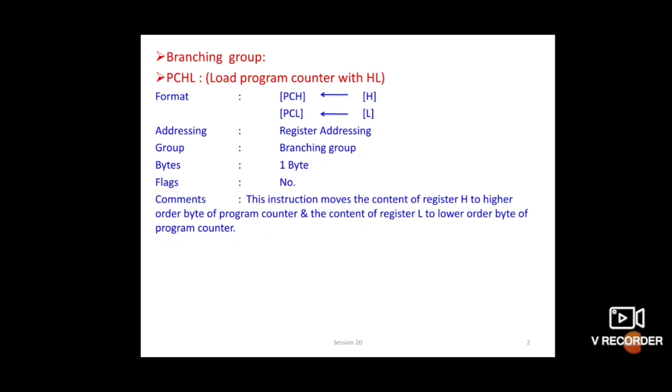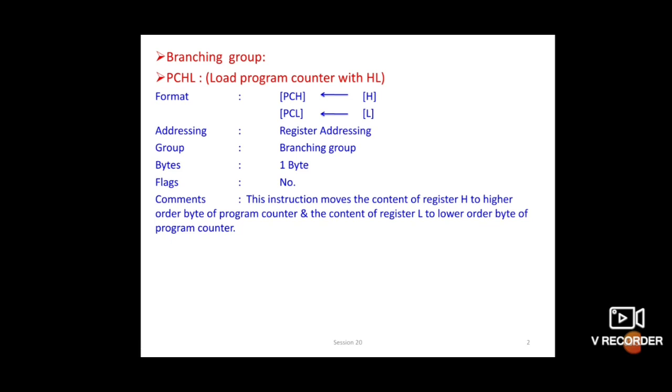In the HL register pair, H is the higher register and L is the lower register. Remember one thing: in the PCHL instruction only the HL register pair is used. No other register pair like BC or DE is used. Always remember this, and whatever HL register contents are stored, that content is transferred into the program counter.